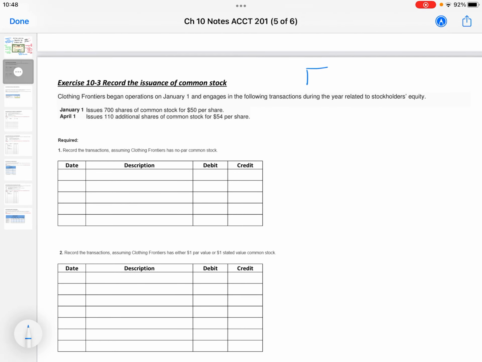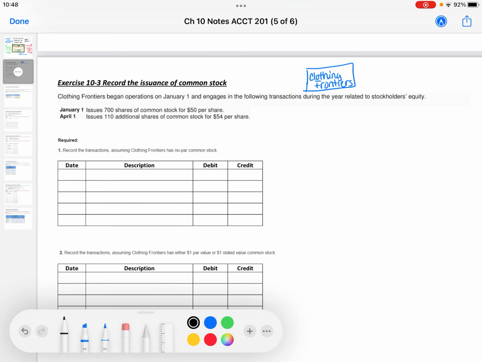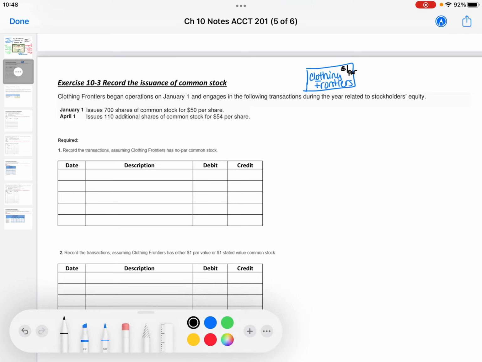So if I were to look at this, Clothing Frontier would be the name of the company, and on the share of stock would have some kind of par value. So it might say $1, which we're going to see in a minute. There's $1 par. It might say 100, whatever it is. Our Johnson & Johnson one said $5, right?